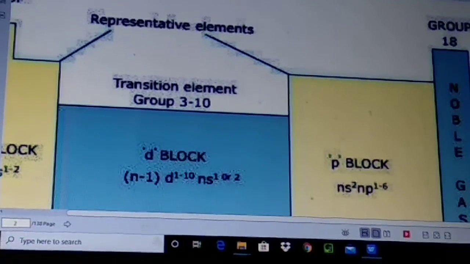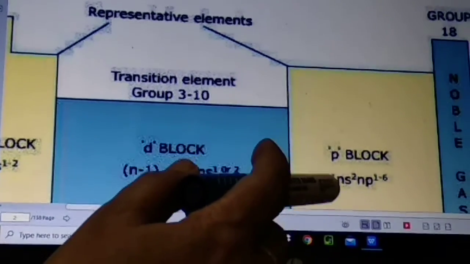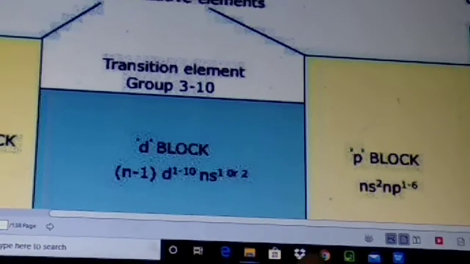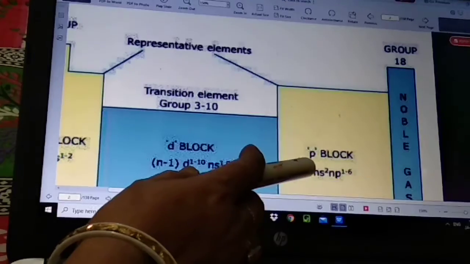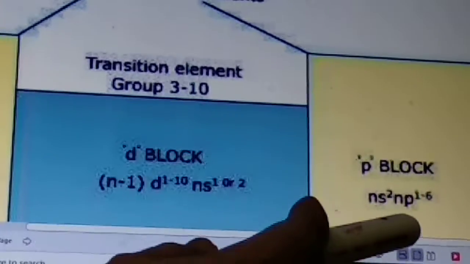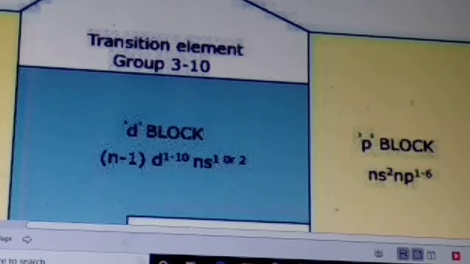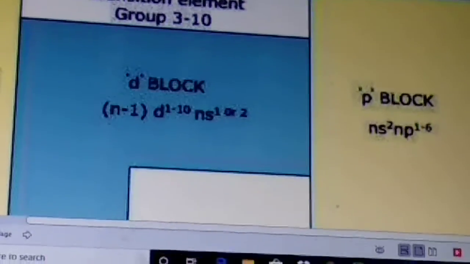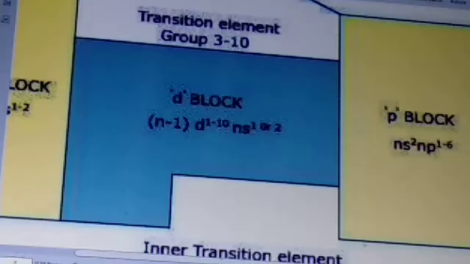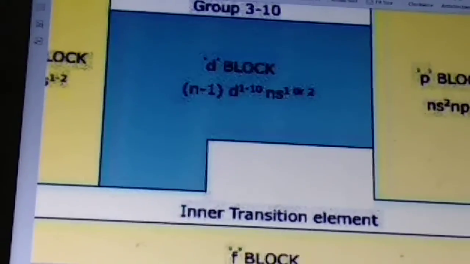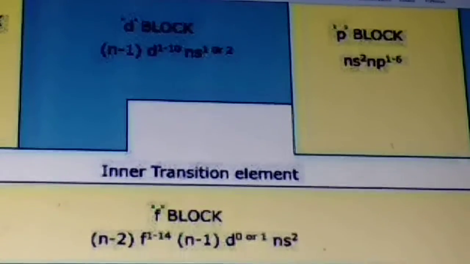In this chapter, the general configuration of P block elements is what you are seeing here: ns2 np1-6. The electronic configuration of S block, D block, F block you have already learned in standard 11.